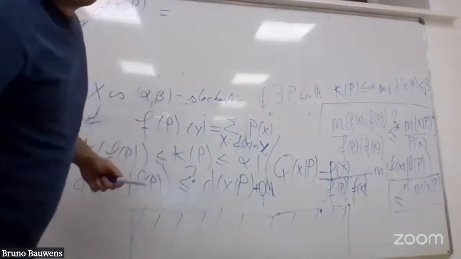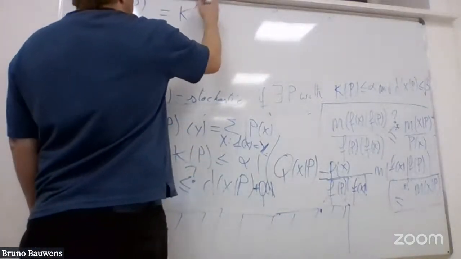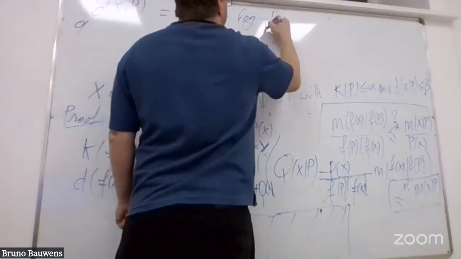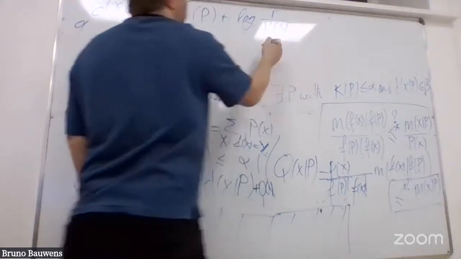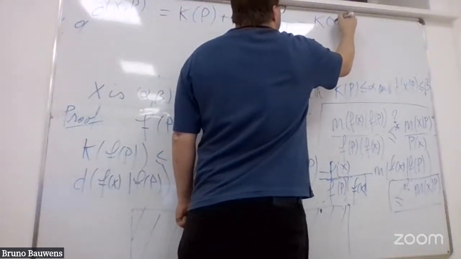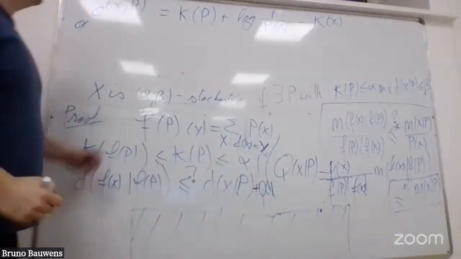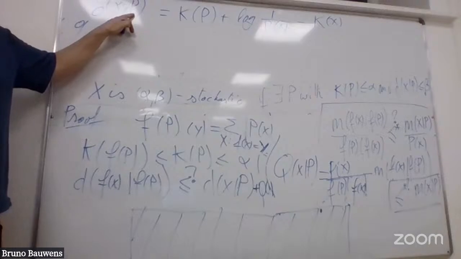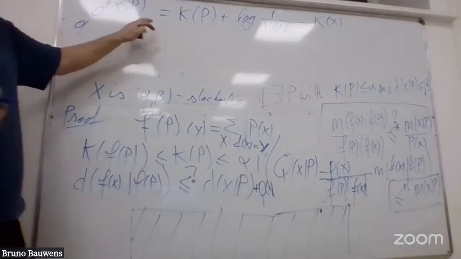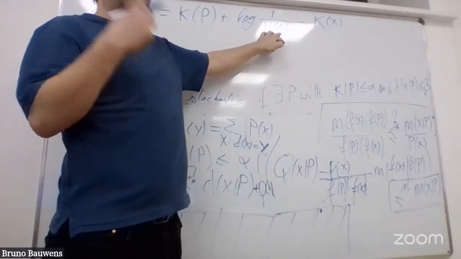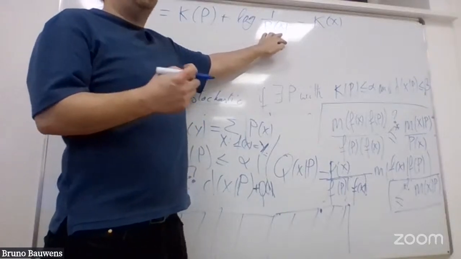It is K(P) plus logarithm of 1 over P(x), so again arithmetic coding or Huffman coding, minus K(x). So the deficiency of x given model P is small if P is a part of a shortest description, if you can obtain a shortest description of x using the measure P.